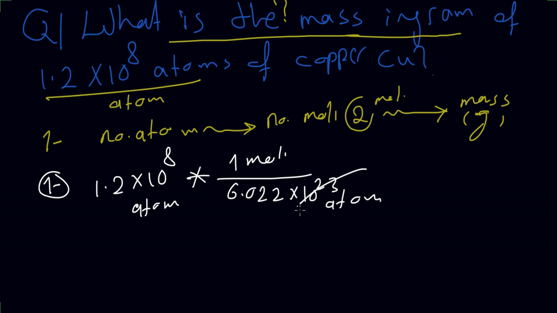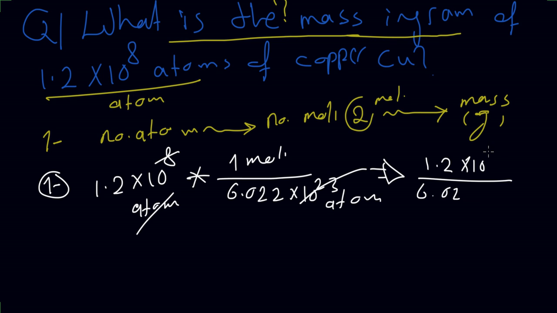How did you do this? You will do like that. You say 1.2 divided by 6.02.